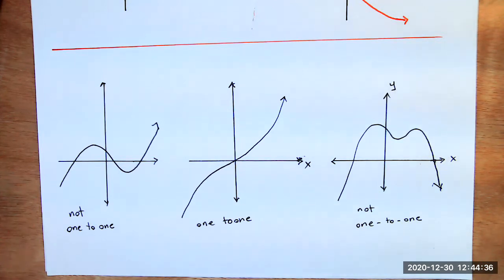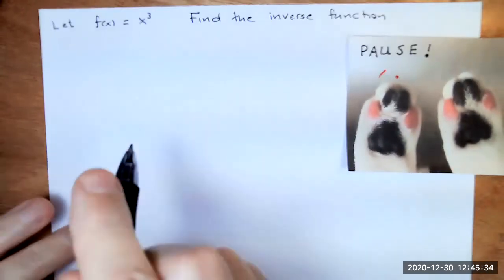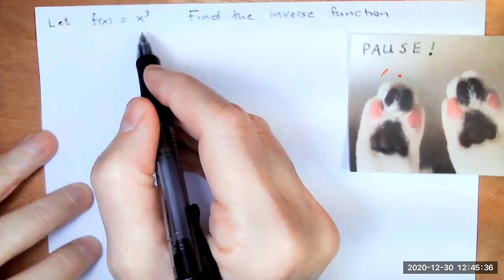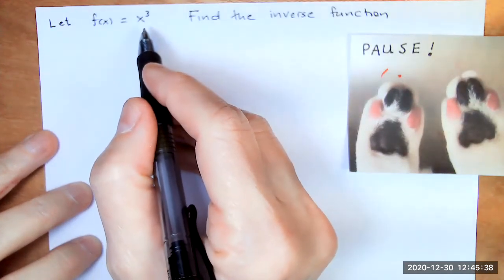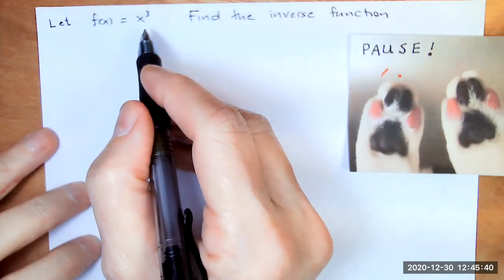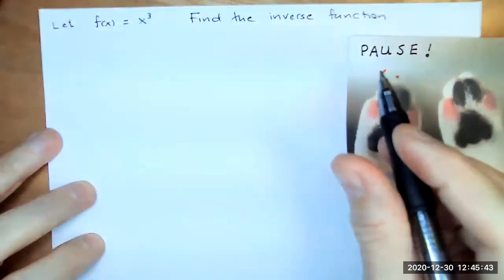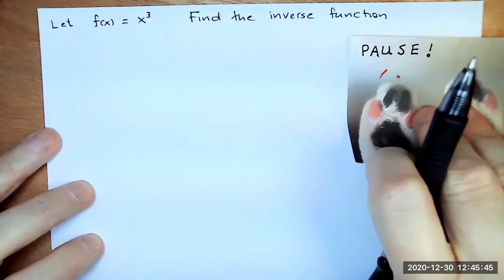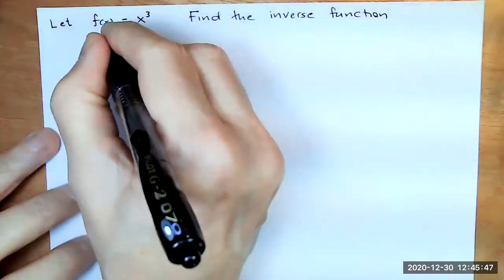All right, let's find some inverses algebraically. All right, let's let f of x equals x cubed. Can you find the inverse function? So if you remember from earlier, you could go ahead and try it.